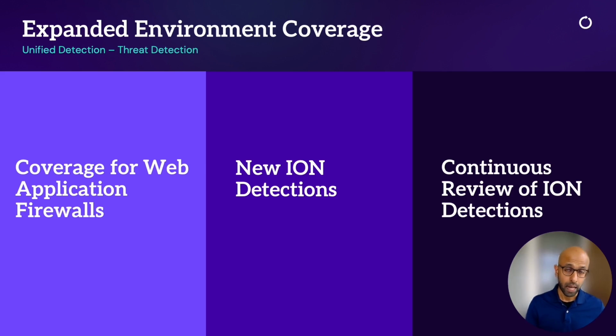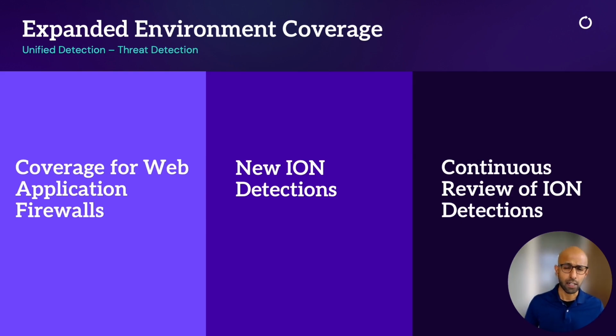Second update, as is the case every quarter, our threat detection team adds new detections. One of the highlights this quarter is a detection built to identify potential Yuma stealer activity. So for details on these new detections, please refer to the regular service updates that are posted to your ION advice channel.